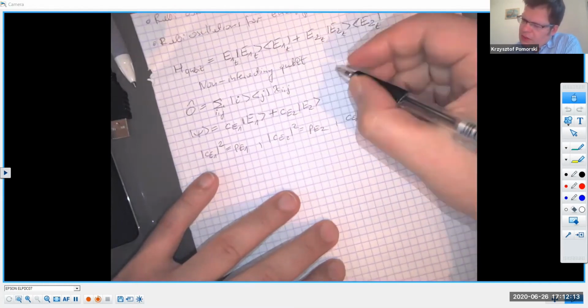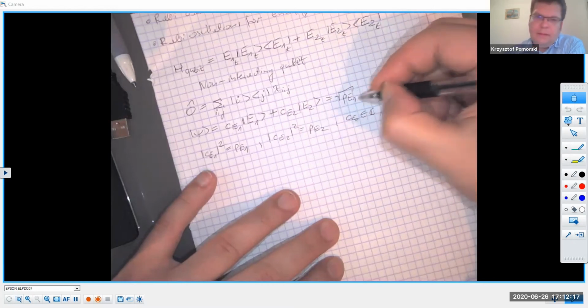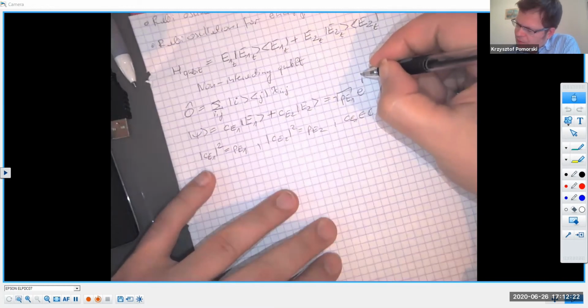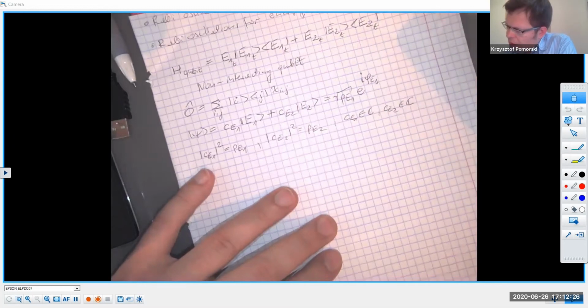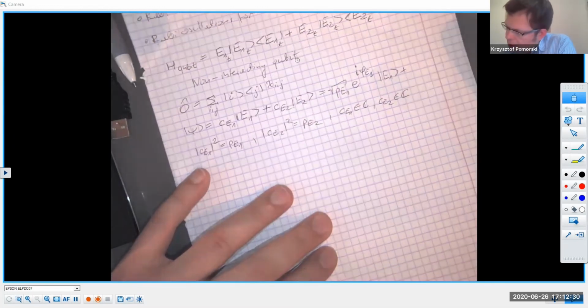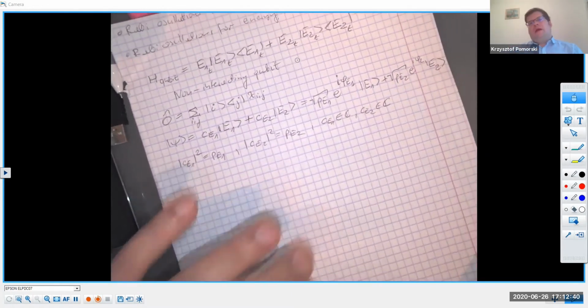So you can actually write it that way: this is P_E1, and then there is an associated phase, plus another term, in such a way as given here. So this is your case.